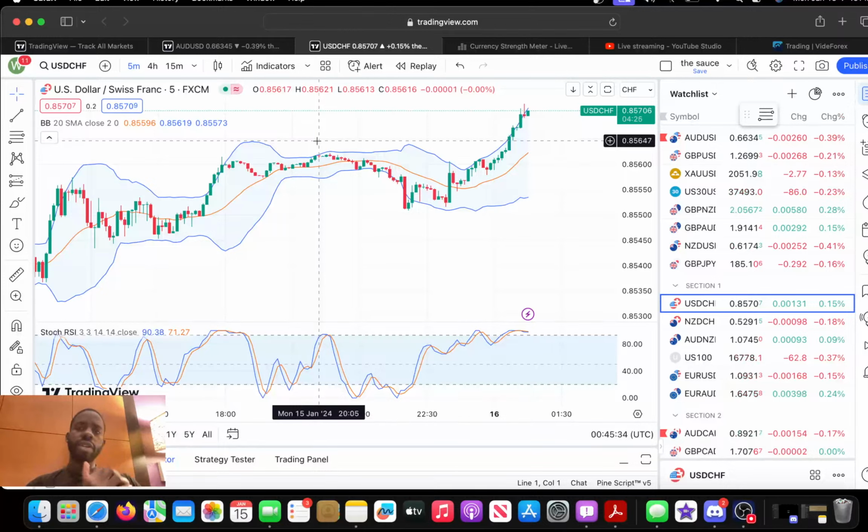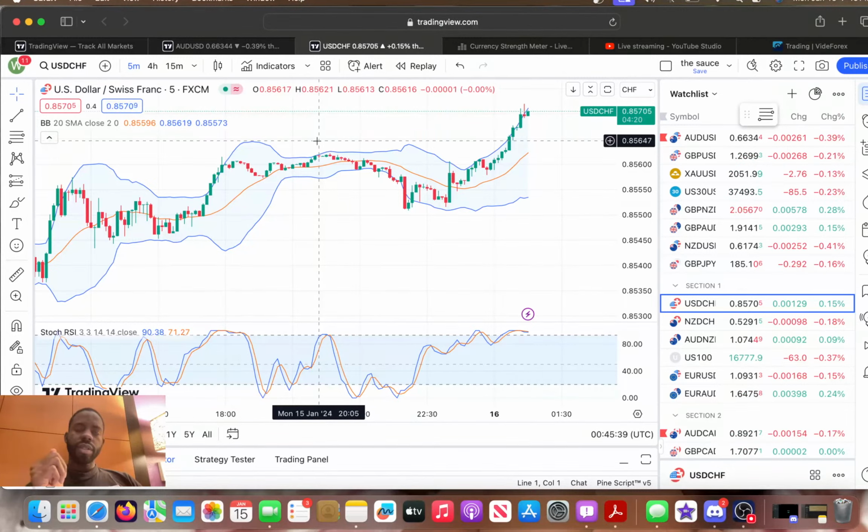I'm gonna give it a few more candles. I'm trying to catch the reversal, but this is so tricky.